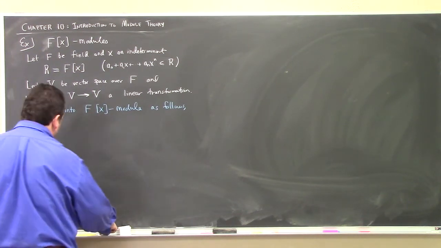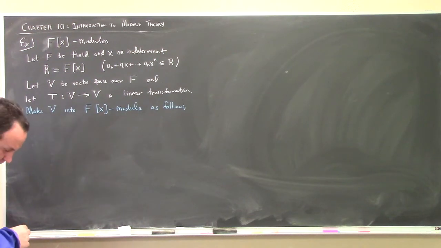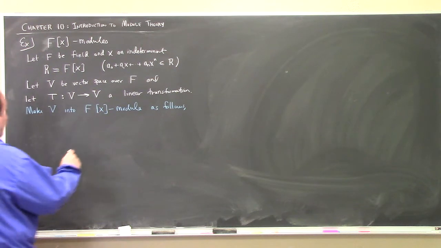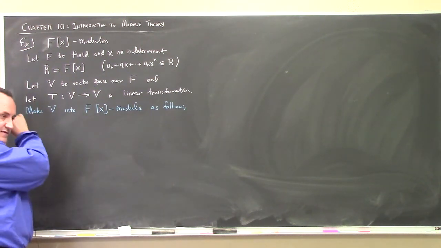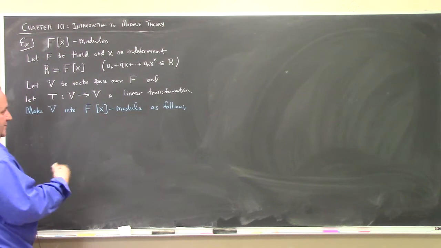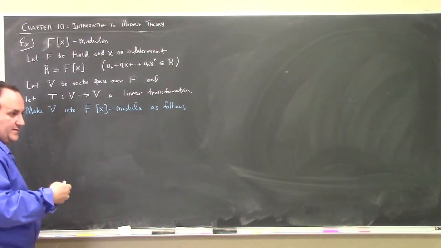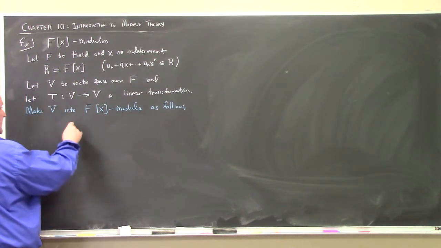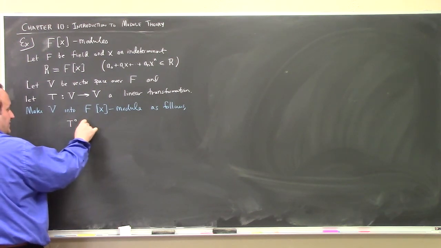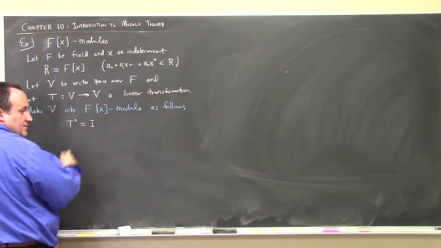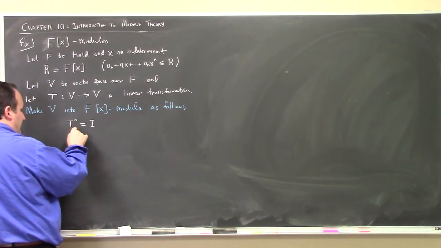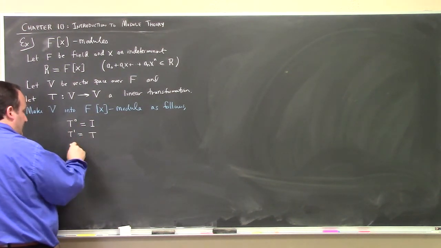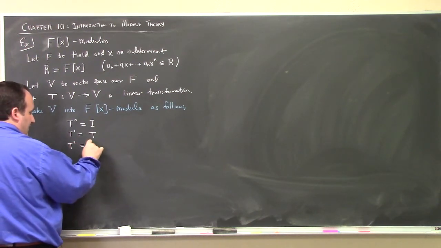So he says define. In a moment he's going to run us through it, but he needs to remind us of some things about operator notation. First of all, the operator to the 0 power is defined to be the identity operation. The operator to the first power is the operator again. The operator squared is the composite of the operator with itself.